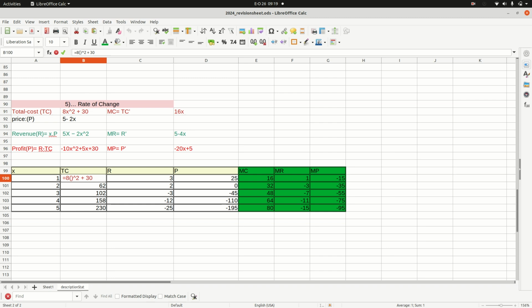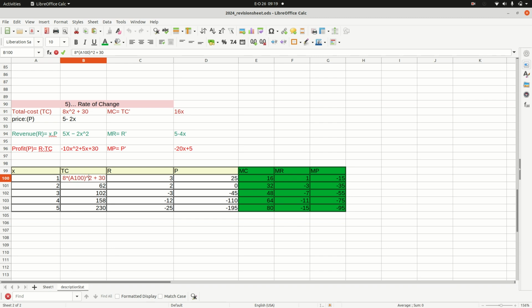So 8 times the next cell becomes a 1. I don't know why it's not working. So equal to, let me paste this. Copy, paste, the cell of A100 plus 30.